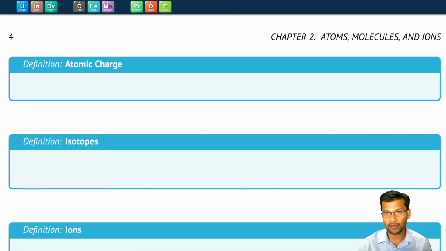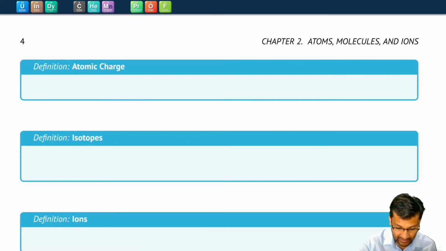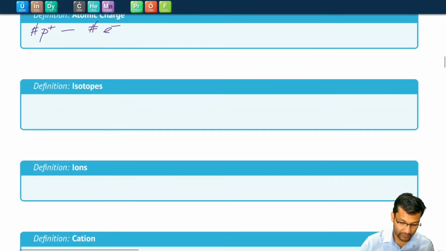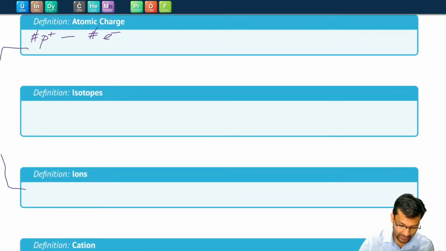So all atoms pretty much are electrically neutral, but the atomic charge can be calculated as the number of protons minus the number of electrons. And when you have an atom with a charge, we call that an ion, where the number of protons is not equal to the number of electrons, so there is an overall charge.